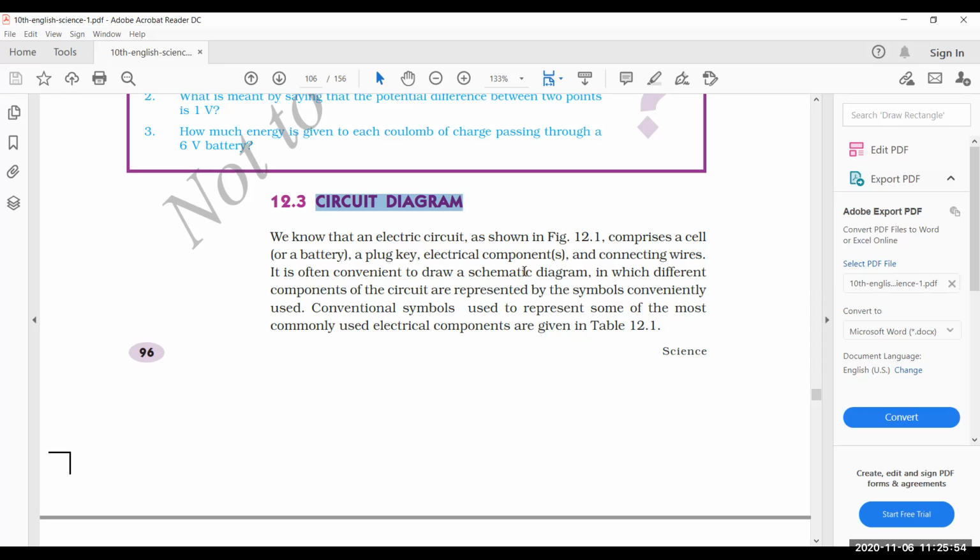So many types of diagrams and circuit parts come into that.